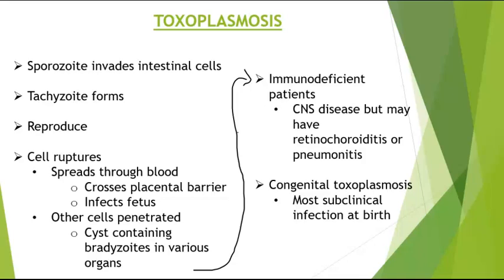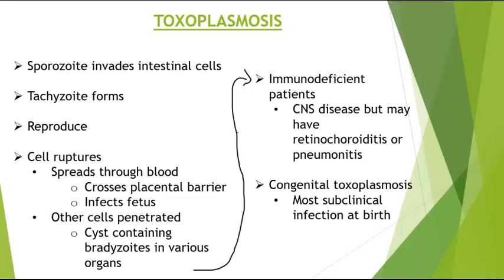And other cells can be penetrated, such as the brain and other tissues, because the cyst contains those bradyzoites, and it can affect other organs. In immunocompromised patients, the effects can even be more severe. Patients with central nervous system disease can have retinochoroiditis, which is an infection of the eye, or pneumonitis, which is an inflammation of the lung tissue.